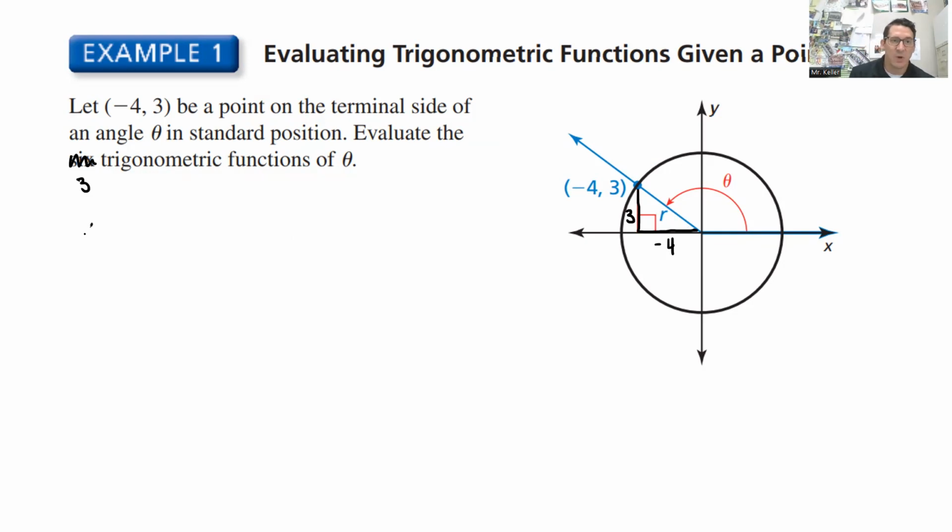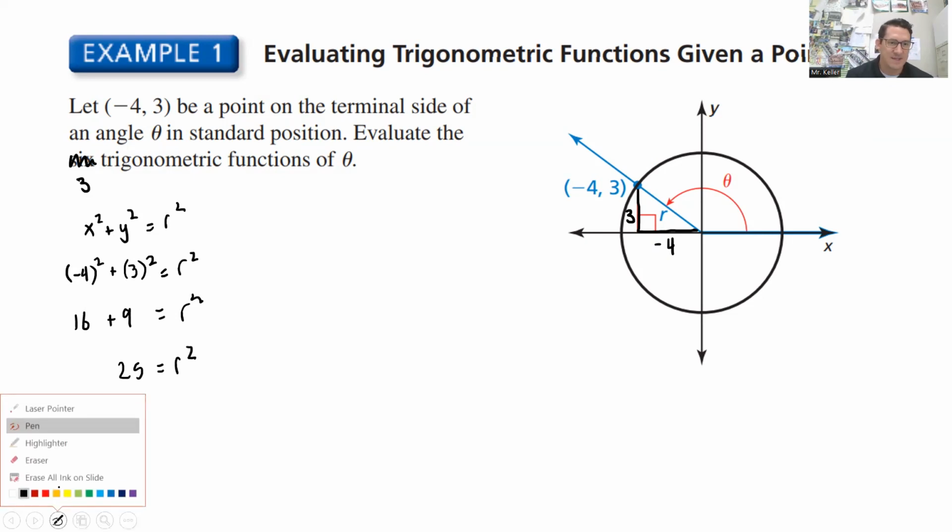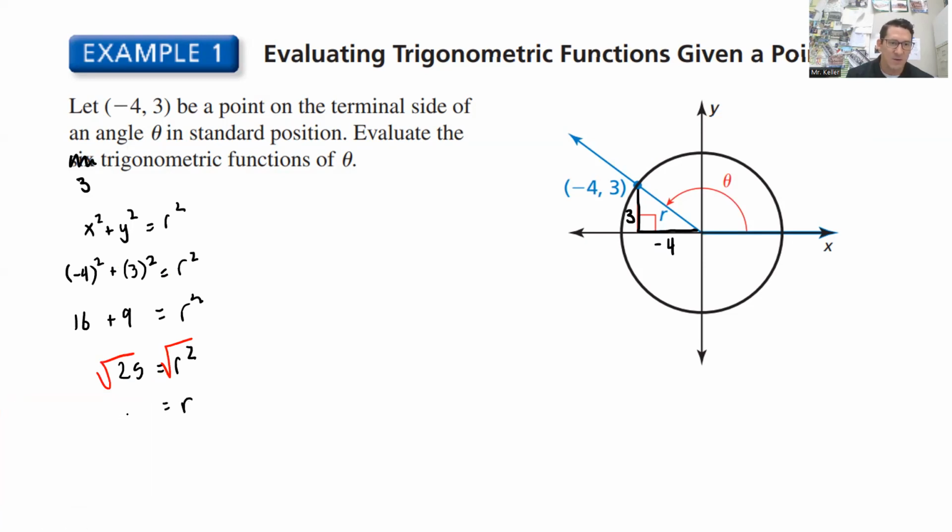So x squared plus y squared is equal to r squared. X is -4, y is 3. That's going to be 16 plus 9 is equal to r squared. 16 plus 9 is 25, equal to r squared, and then the last step is to square root both sides. The root and the power cancel each other out. Square root of 25 is 5. So the radius of this is 5.